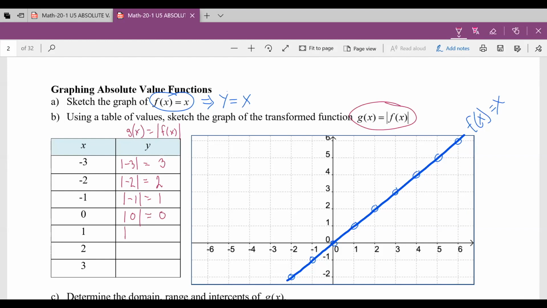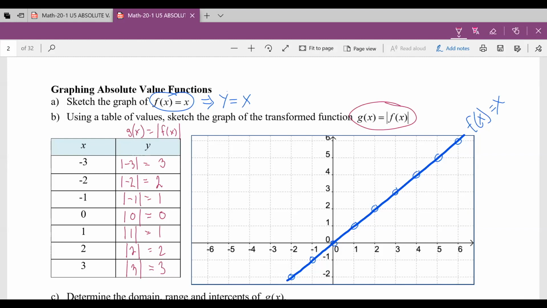And then we go into the positive numbers. The absolute value of 1 is simply 1. The absolute value of 2 is 2, and so on. So now we just have to graph this and see what it looks like. Where do you want to start? Well, let's start at the left side at x equals -3.